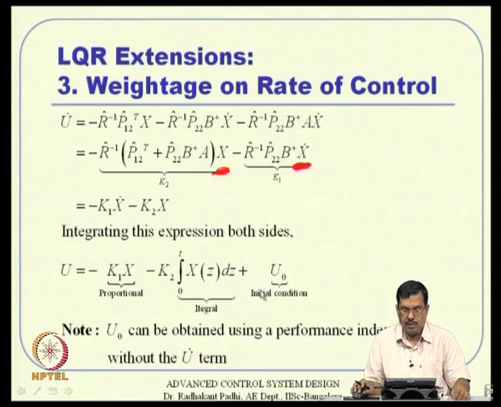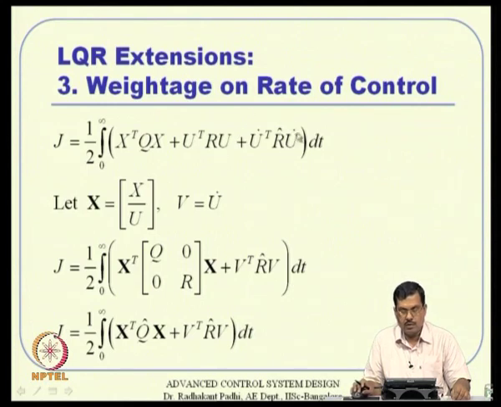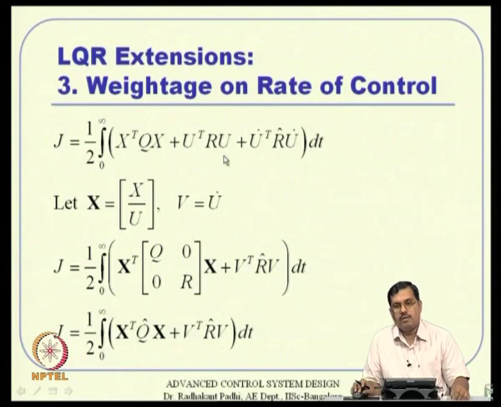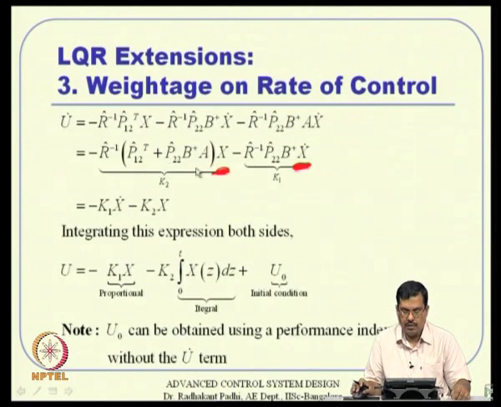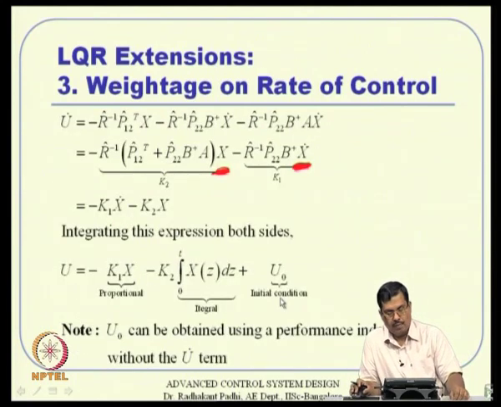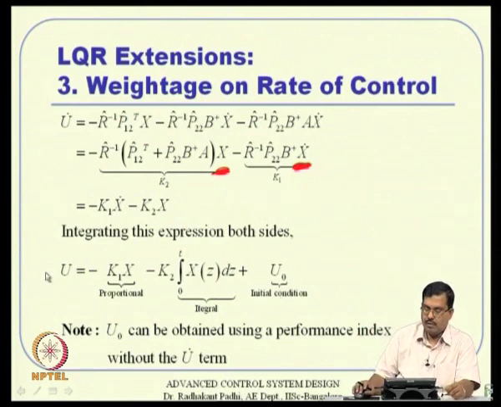My suggestion is you consider a performance index, a parallel problem without this term. That is a regular cost function anyway, and there you get a solution for u that you consider as u0. That is how I recommend it. So, that is how you get a control consisting of three parts: the proportional part, the integral part, and the initial condition part.